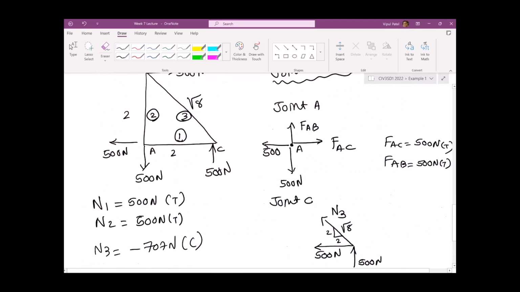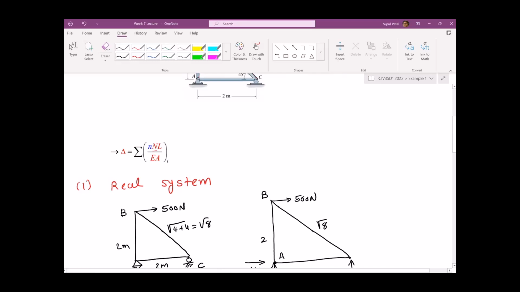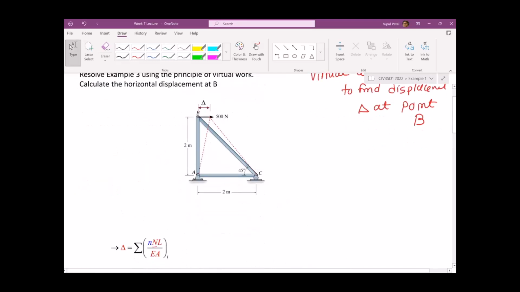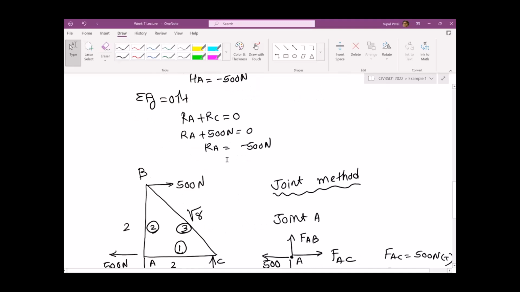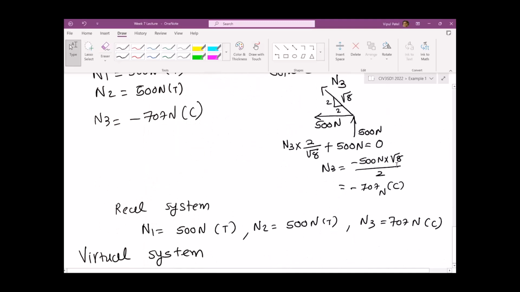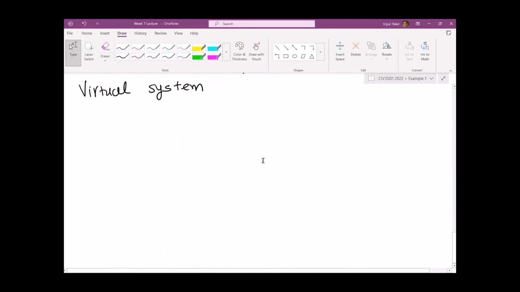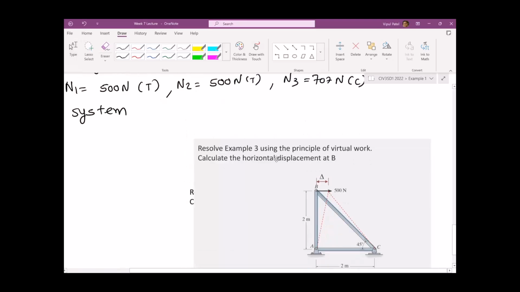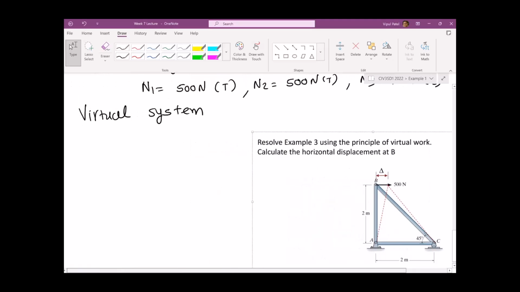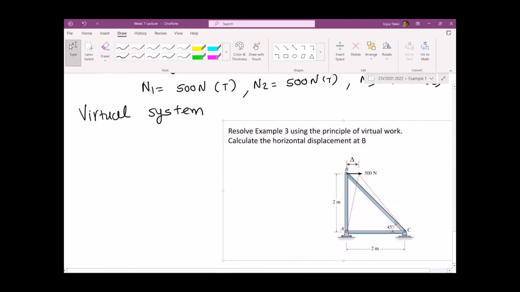Now in the virtual systems, what we need to do is draw exactly the same truss, but we remove all the external forces. For the virtual systems, we draw exactly the same truss.